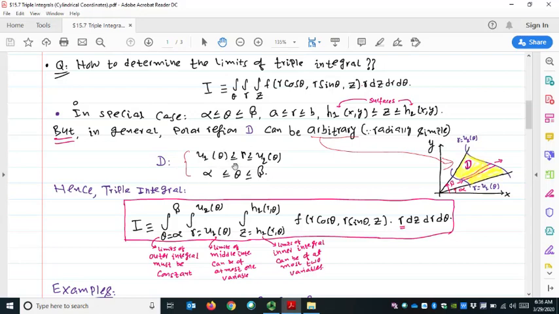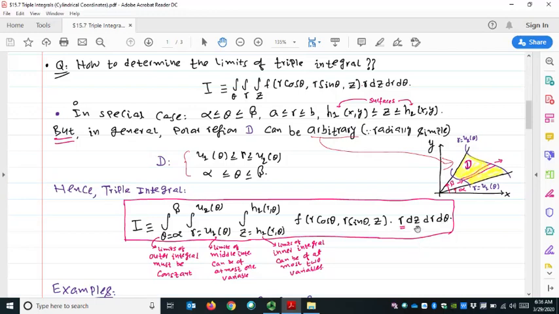Then with these limits, our triple integral in cylindrical coordinates is I equals the triple integral of the function f of r cosine theta, r sine theta, z, with volume element r dz dr d theta, where z is the inner variable, r is the middle variable, and theta is the outer variable.